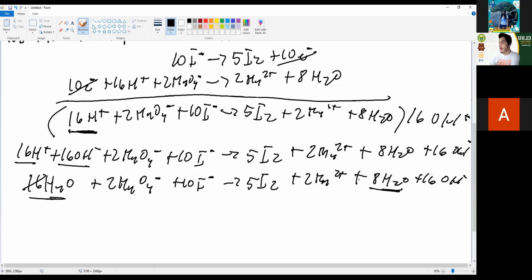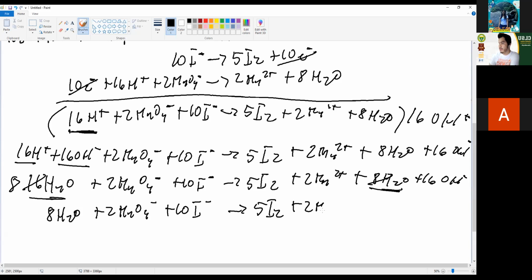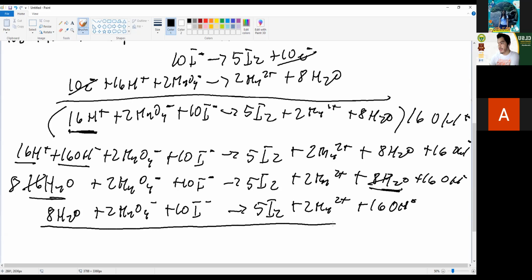So 16 minus 8 is 8. So simplifying everything, so 8 water plus 2 MnO4 negative plus 10I negative will yield 5I2 plus 2 Mn2 plus 16OH negative. So ito na yung balance reaction sa basic solution.